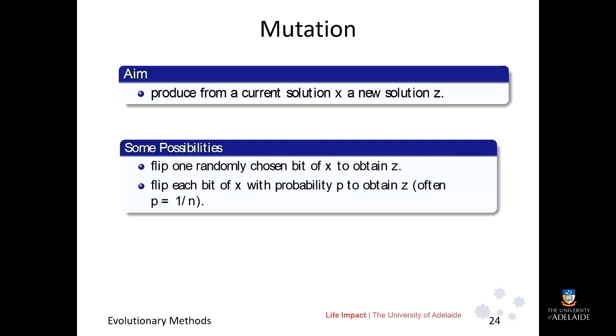What's the difference? In expectation, you're doing the same. This one here, can it flip 2 bits? No. This one? Yes. So what is the probability of flipping 2 bits?